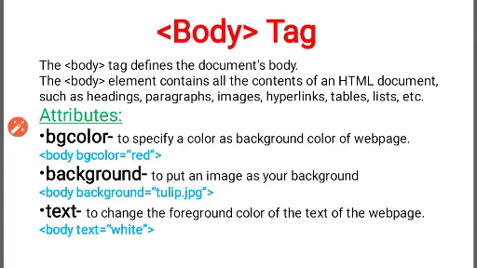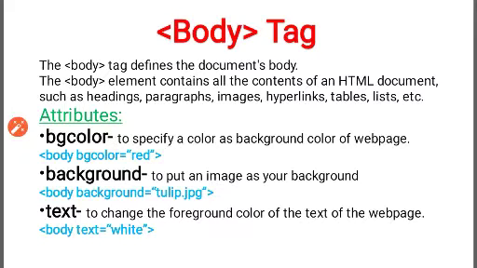Okay, then we have got background. This background attribute is used to put any image as the background of that web page. So how are you going to do this? Suppose I have got an image in my computer or anywhere. What I will do, I will take it in the same folder where I am making my HTML page, or HTML means I am saving my notepad in .html extension.